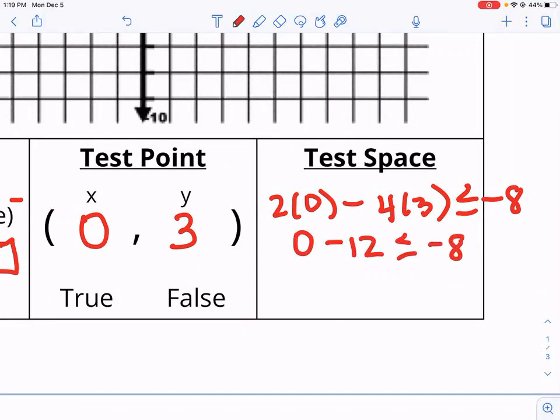Amy, true or false? Negative 12 is not less than or equal to negative 8? No, yeah, it's true. It is true.